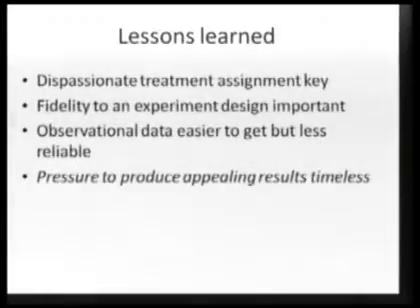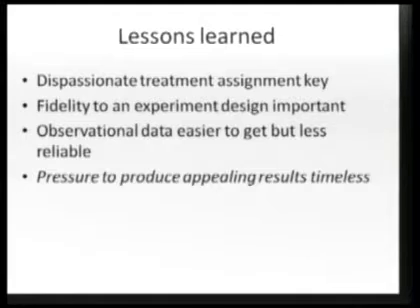So anyway, there are certain things you can learn even from this fictional account. Importantly, it's key to really have randomized assignment, or a dispassionate assignment, of the treatment or the control to the different groups. It's important to maintain your experiment. Even if your wife dies, you should try and honor the experiment and continue with it.